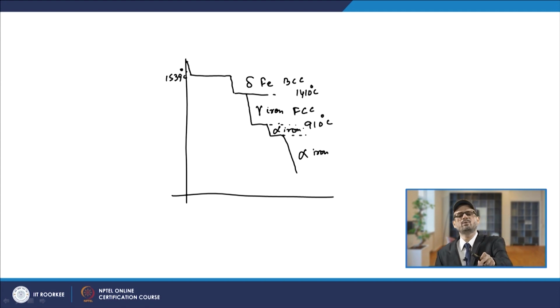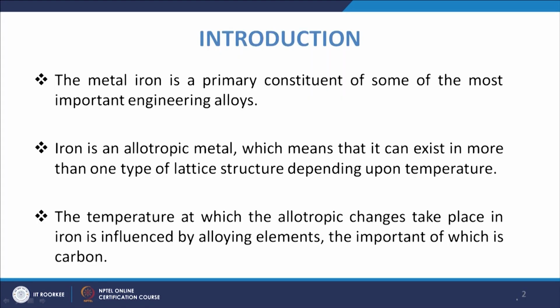Now, when we talk about engineering alloys based on iron, carbon is considered the most important alloying element, because it influences the properties of the iron based alloy system most considerably.